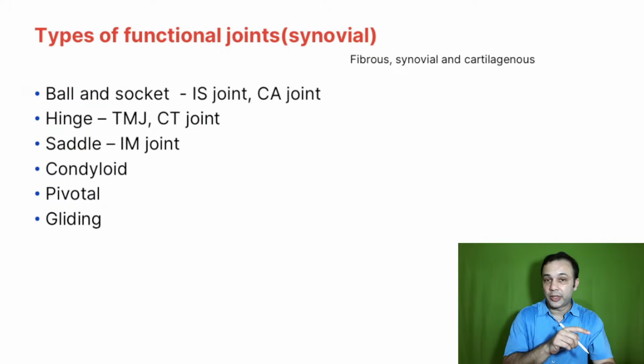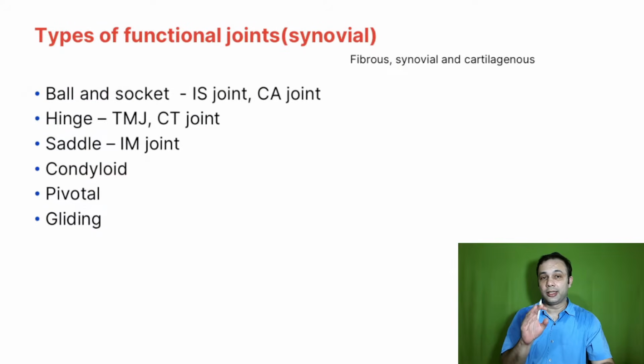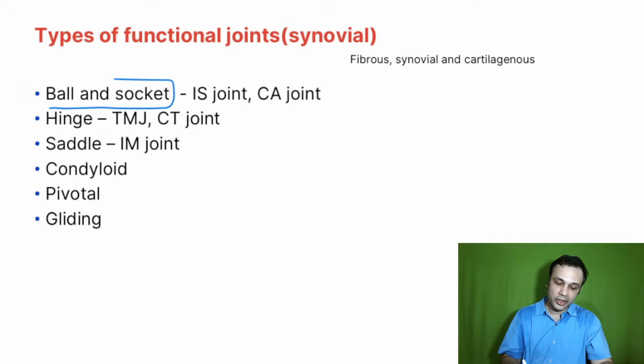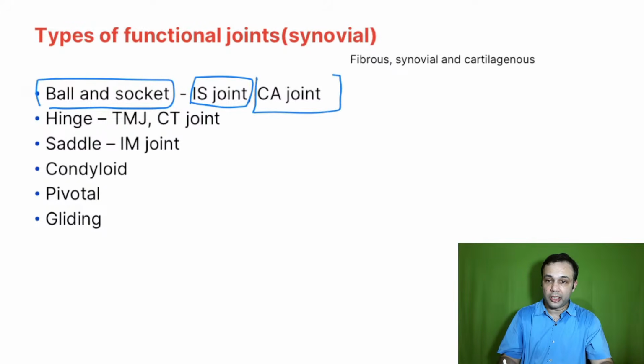So since this question has been asked, there is a chance that there can be other joints in the head and neck that can be asked, right? So when you talk of ball and socket joints in the head and neck, it is incudostapedial joint and cricoarytenoid joint. So these two joints are the ball and socket joints in the head and neck.